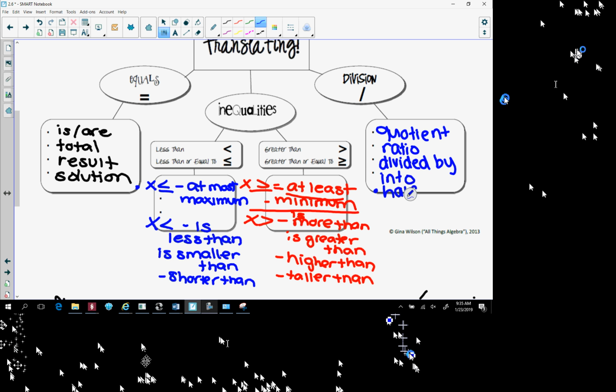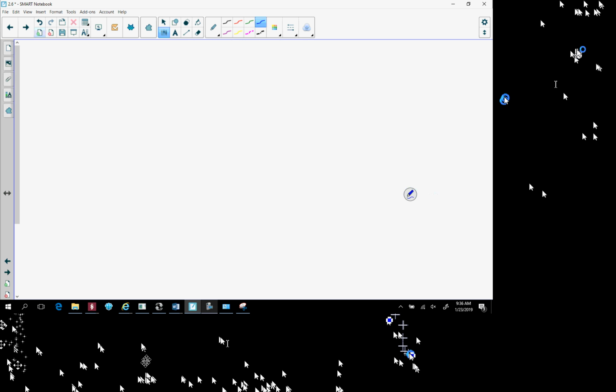So for example, if I'm looking at this paper and I'm looking at x is greater than, does everyone have this paper? I would be looking for words that say like at least or a minimum. So I would look through these cards and figure out which ones go with which side.